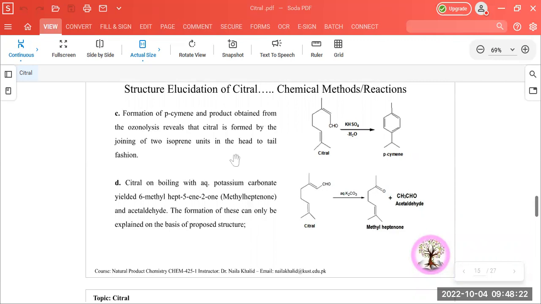And when you treat citral with potassium carbonate and boil it, what happens? We obtain acetaldehyde along with this type of structure. So formation of these two products also shows that there must be a double bond in conjugation with the aldehyde.